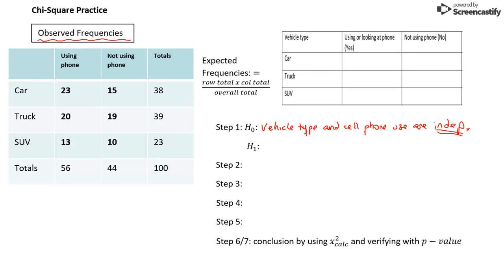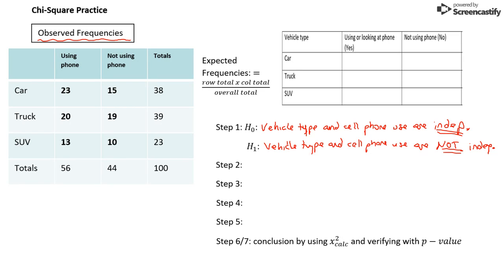Again, the null hypothesis is always saying those two things are independent. The alternative to that is vehicle type and cell phone use are not independent. So notice it's pretty much the exact same thing.